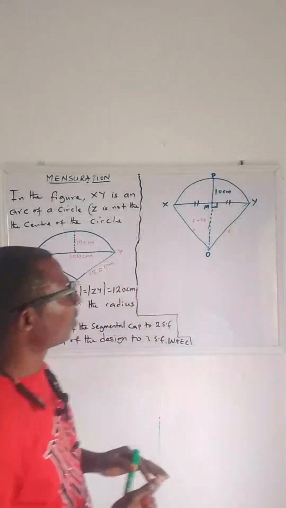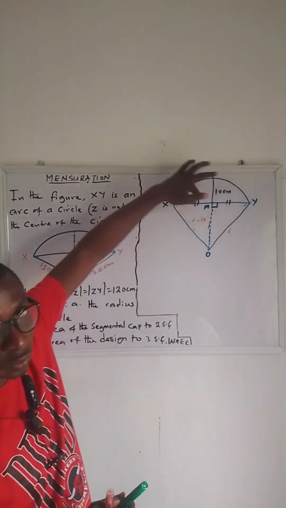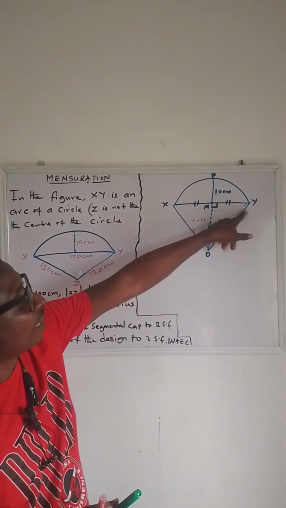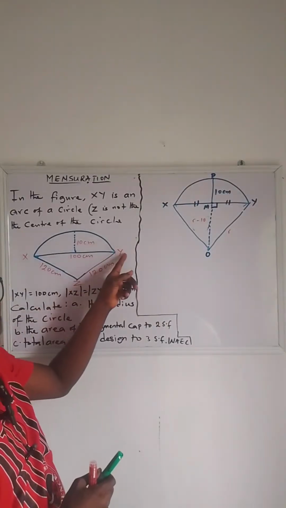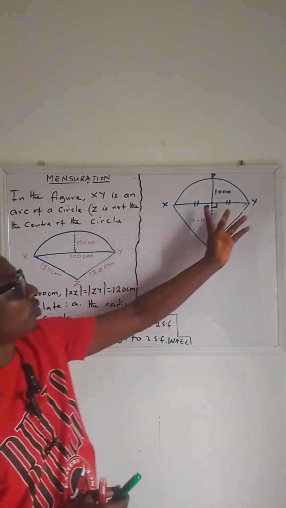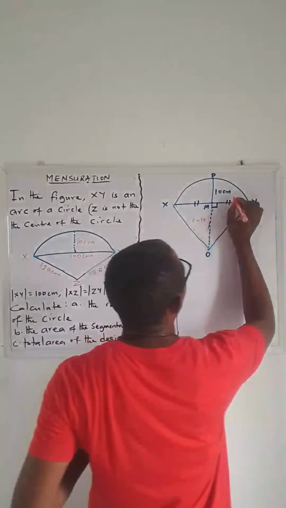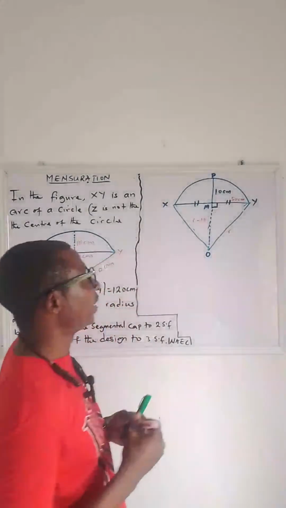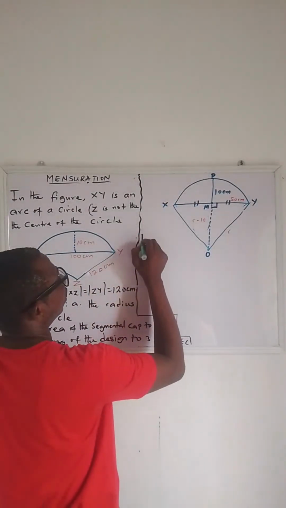And don't forget, this line is drawn such that it's perpendicular to this chord, so this side here will be equal to this side. XY is 100, so this is half of 100, and that's 50 centimeter.